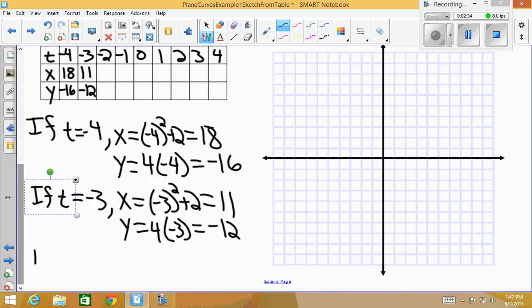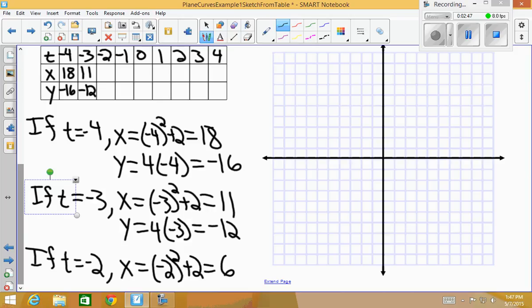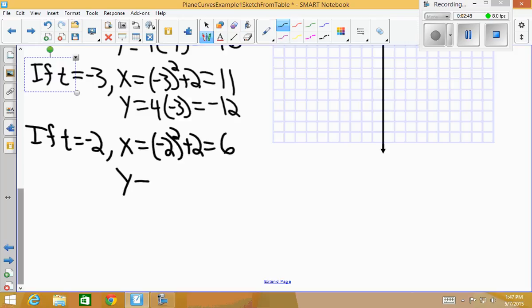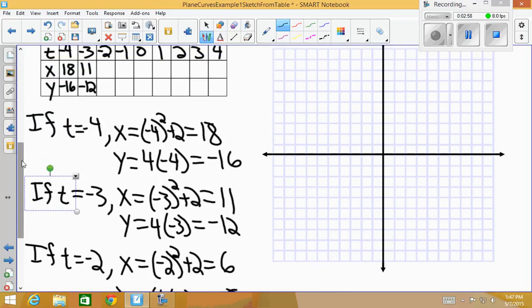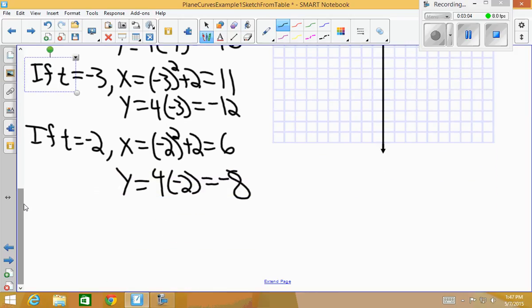So if t is -2, then x is -2 squared plus 2, which is 6. And y is equal to 4 times -2. We're just taking each value for t, plugging them into the equations for x and y. So we can add those: 6, -8.